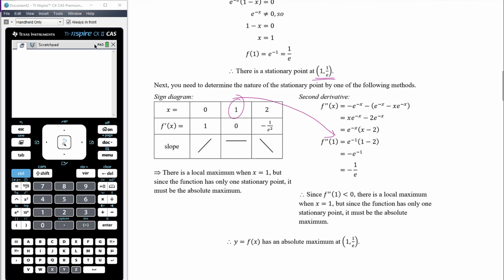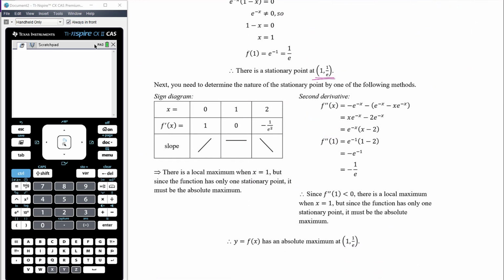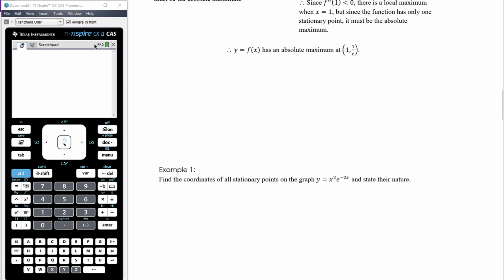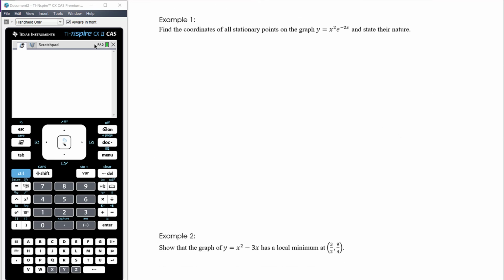As I said, that requires you to remember those rules. Personally, I prefer the sign diagram, and I will complete the examples using a sign diagram. So, derivative equal to 0, find the coordinates of the point. You know there's a stationary point there, then determine what type of stationary point you have using a sign diagram or the second derivative. Okay, let's have a look at some examples.